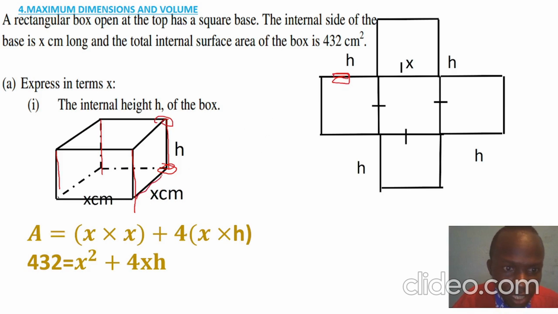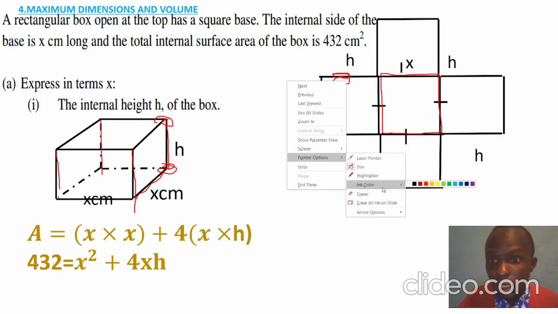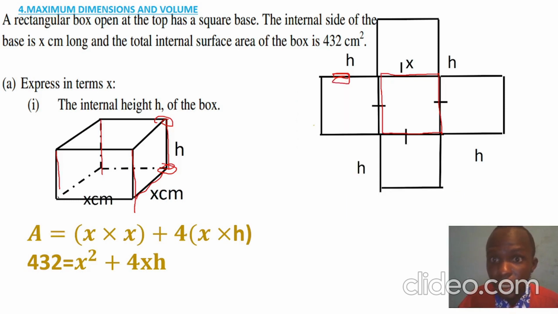The base is x, and this is x throughout. That is x, and that is x. So that is the material, the internal dimensions. And the question has stated clearly that the total surface area of the internal dimension is 432.